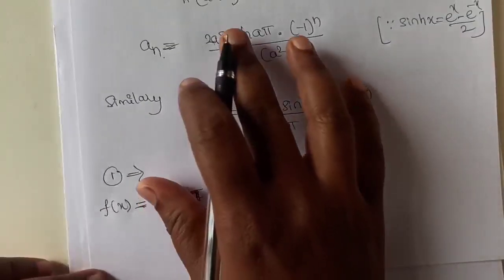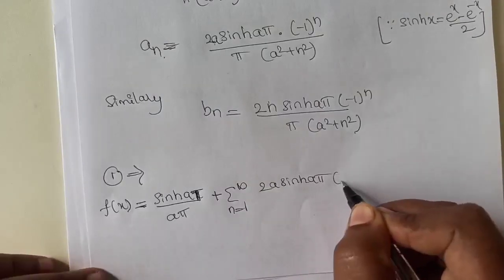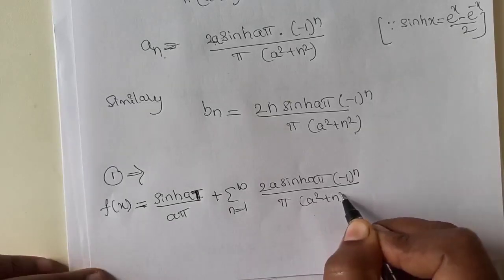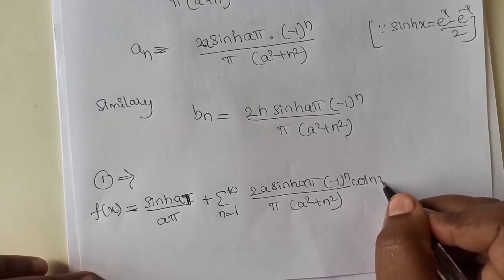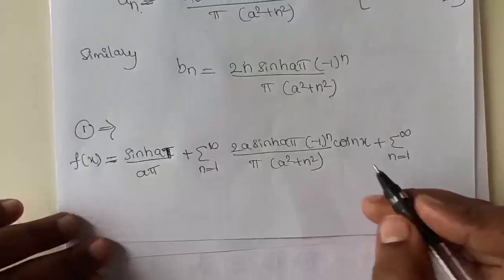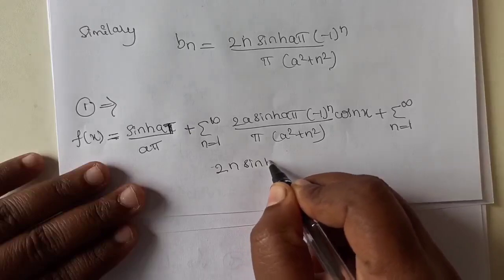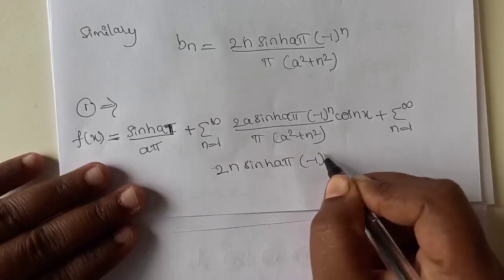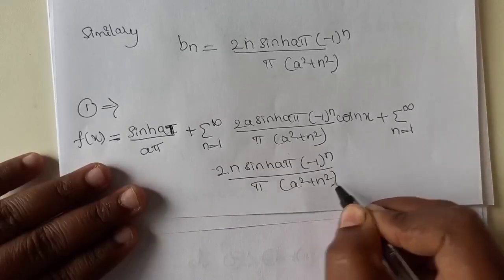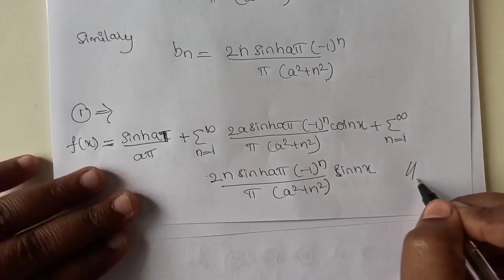The an value is 2a sinh a pi minus 1 raised to n divided by pi times (a square plus n square) into cos nx, plus summation n equals 1 to infinity. The bn value is 2n sinh a pi minus 1 raised to n divided by pi times (a square plus n square) into sin nx. So this is the required Fourier series.